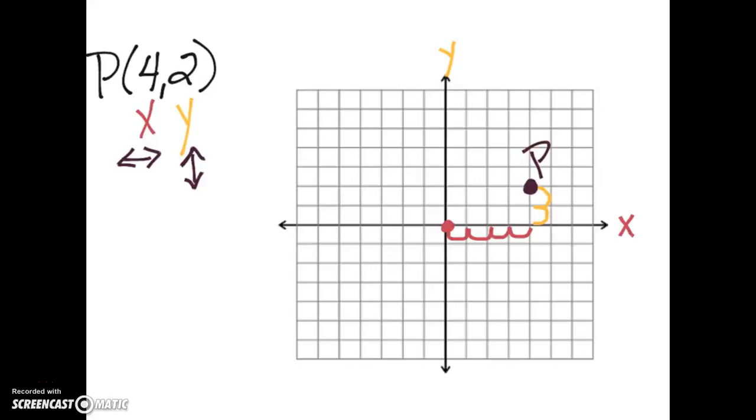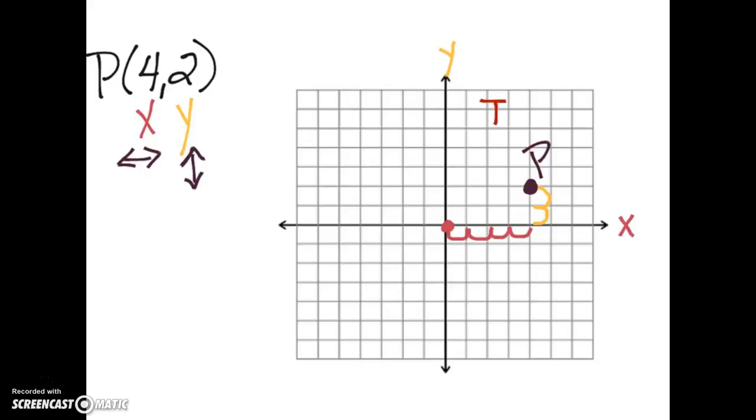And on here, we're interested in what quadrant this point P is in. Alright, so remember, we start in the upper right-hand quadrant. That is this quadrant up here. So we know that the quadrant where we start is quadrant 1.